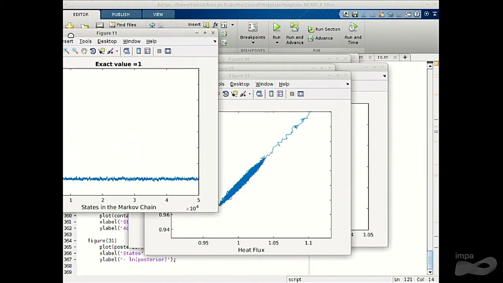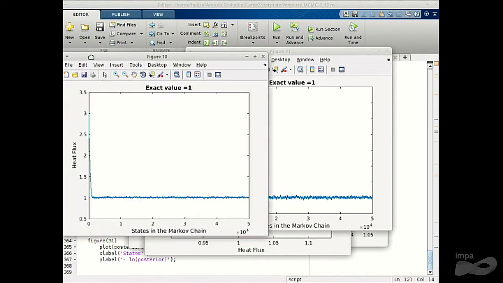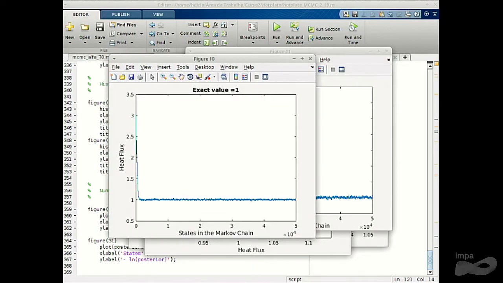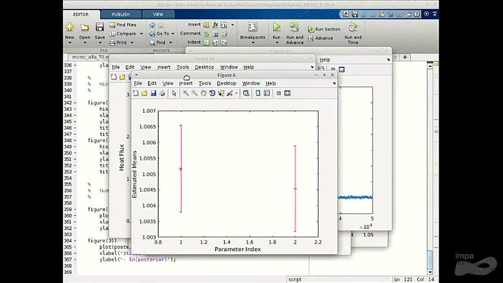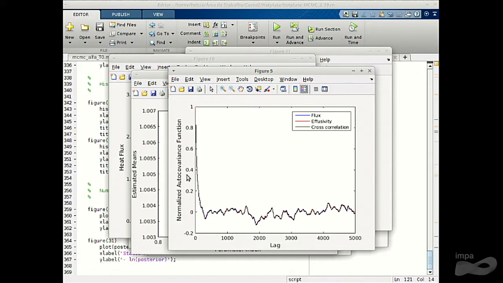And these are the Markov chains for the effusivity. See, they look nice. The Markov chains for the heat flux. These are the estimated means. I mean, they are relative means, so they are 1. So for both of them, you see, this is the 99% confidence interval for the means. This was obtained with the integrated autocorrelation time. And this is the normalized autocovariance functions for both the flux, the effusivity, and also the cross-correlation between the two chains.